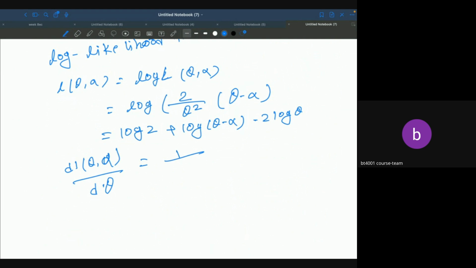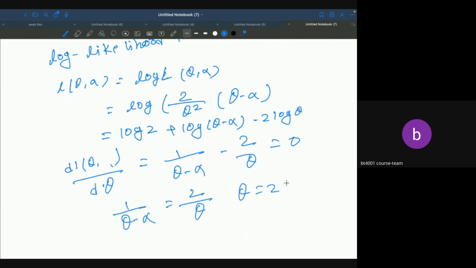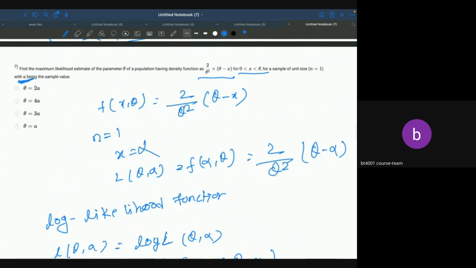So it will be 1 by theta plus 1 by theta minus alpha minus 2 by theta equal to 0, right? If you solve that, 1 by theta minus 2 by theta equals minus 1 by theta minus alpha, and theta equals 2 alpha.